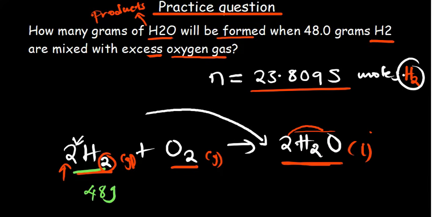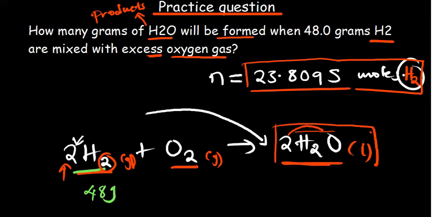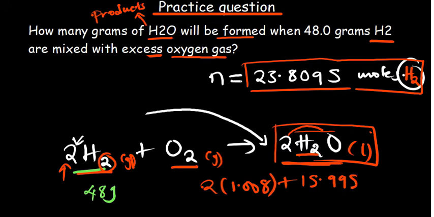So we have the number of moles. I believe we are able to find the molar mass of water, right? So what is the molar mass of water? So the molar mass of water will involve the addition of, we have 2 hydrogen atoms, so 2 multiplied by the molar mass of hydrogen plus oxygen, which is 15.998 if you check your periodic table.